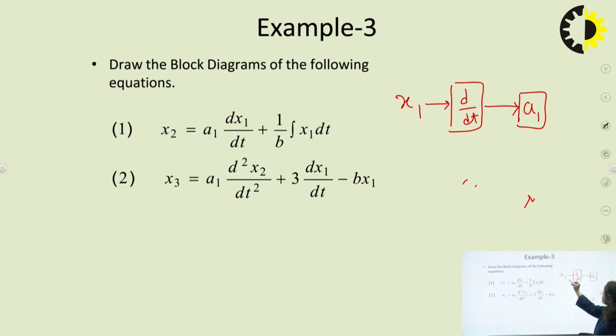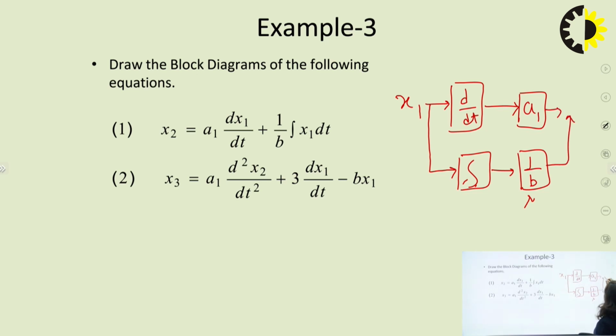And then this input x1 is integrated to generate integration of x1, which is again passed through a gain of 1 by b, and these two values are added, so there is a summing point at the output to generate x2.